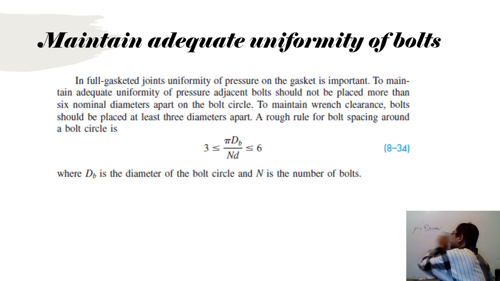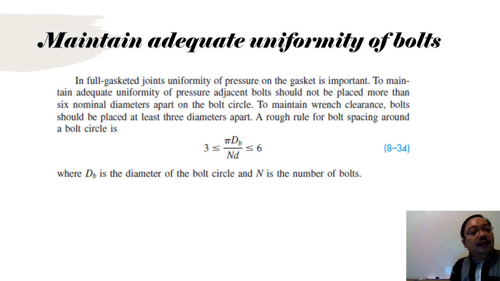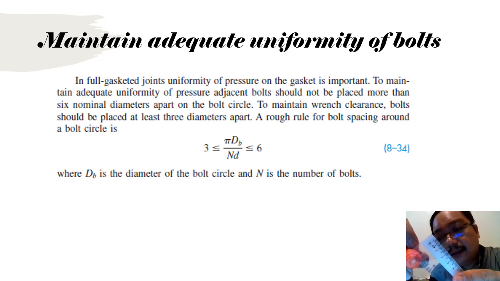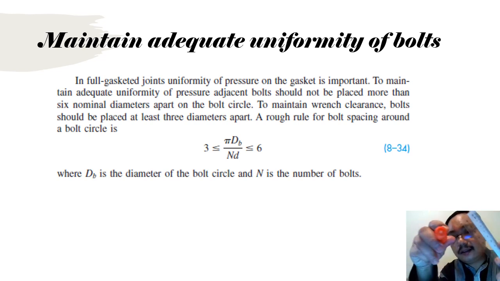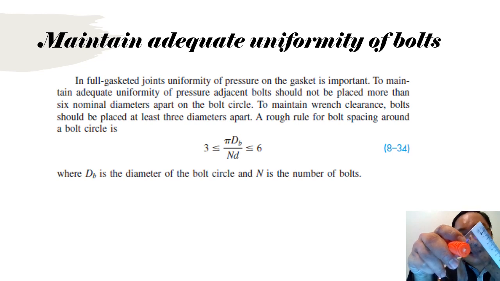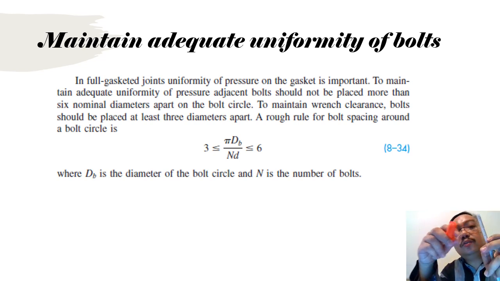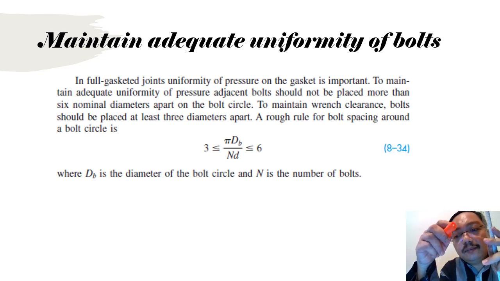Meaning that if you measure the bolt, you get a certain diameter. In order to maintain the pressure on the bolt, the spacing should not be more than 6 times the diameter.